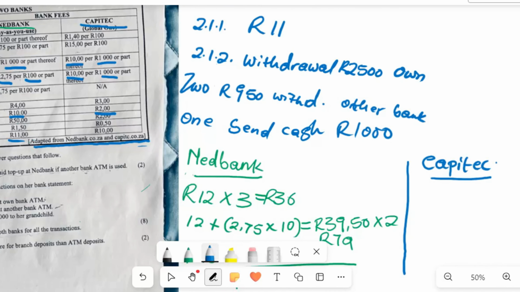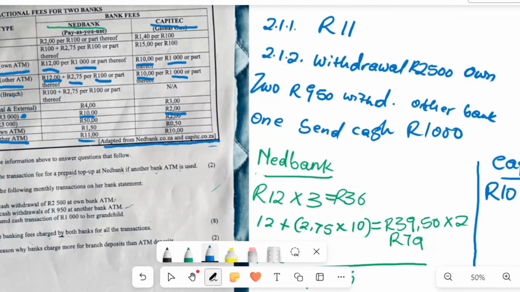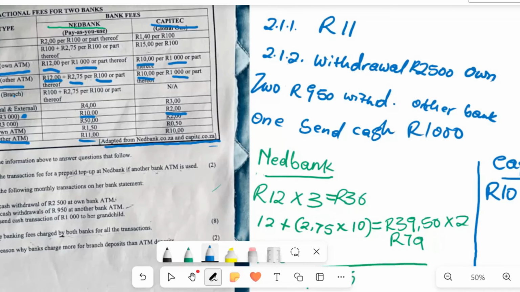That means it's 10 rands times 3, which will be 30 rands. 2 withdrawals of 950 rands at another bank, that is still 10 rands.